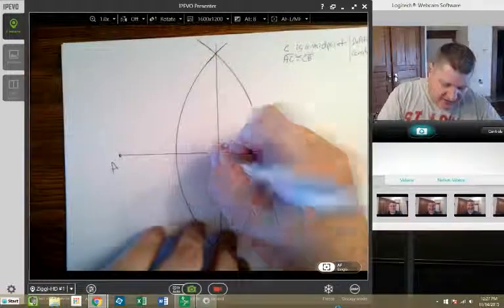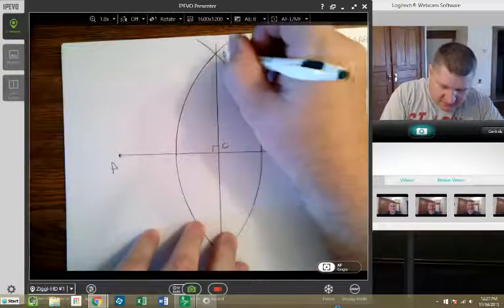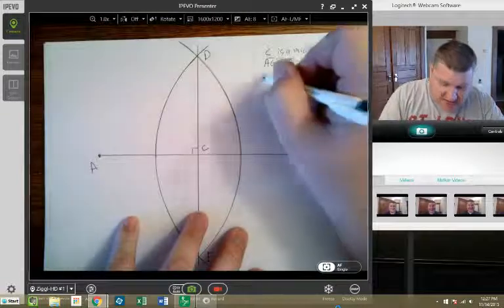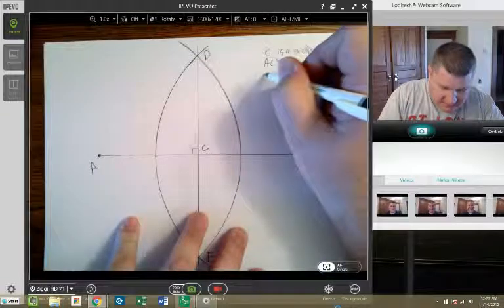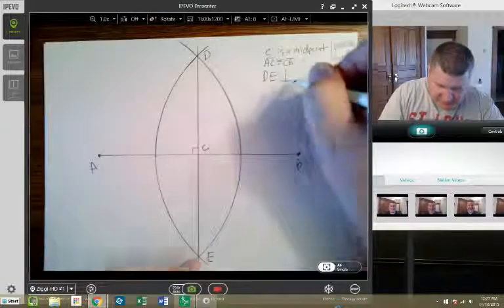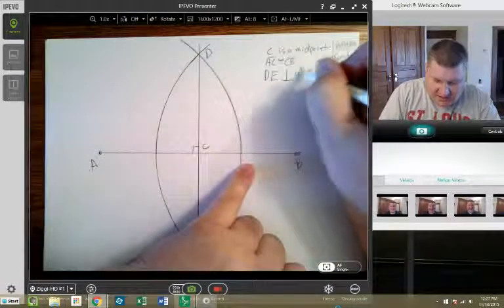So now I can say, if I call this point up here D and this point down here E, I can say that DE is perpendicular to AB.